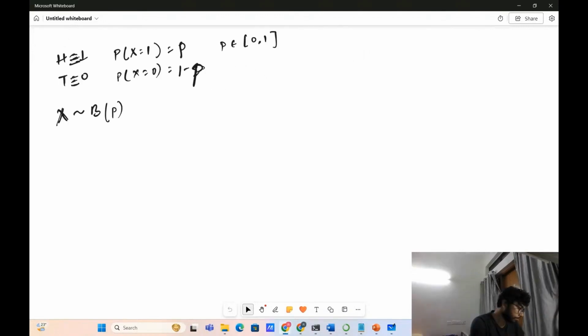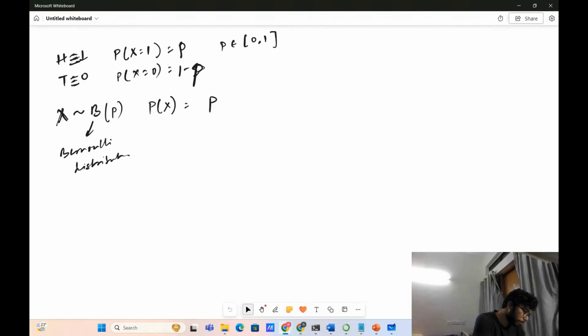So let's say that I represent x as, okay, this is called the Bernoulli distribution. So what is the probability of x? How do you represent the probability?